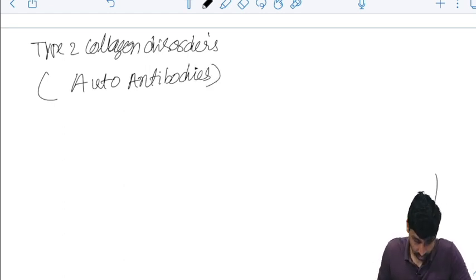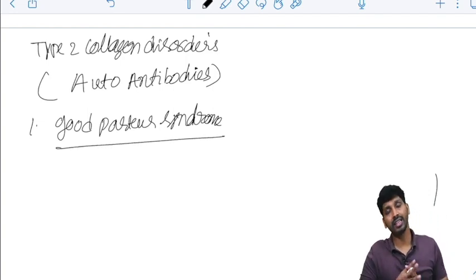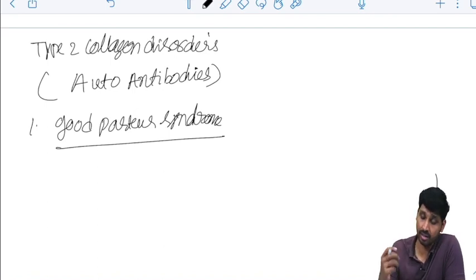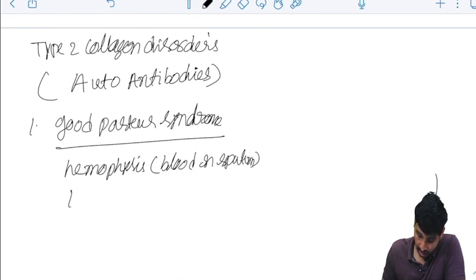The first one to be discussed is Goodpasture syndrome. Here a lot of hemolysis will be taking place. So blood in sputum, which you call hemoptysis, is the characteristic feature. Blood in sputum, hematuria.